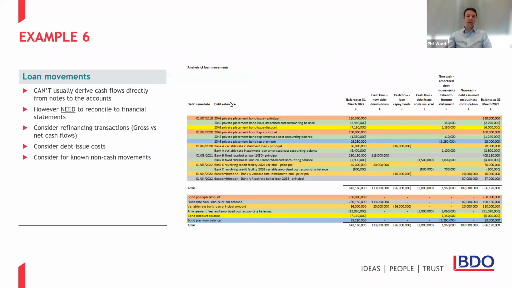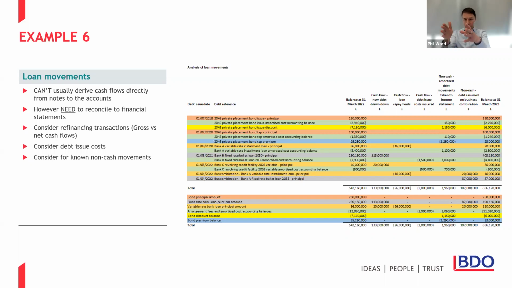So example 6 is on loan movements. Hopefully you can just about read the very small print, colourful monstrosity on the right hand side. The key point to make here is you can't usually derive cash flows directly relating to your loan movements from the notes to the accounts, because there isn't usually enough information to be able to do that.